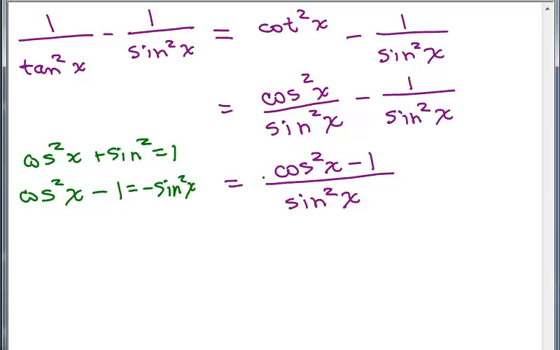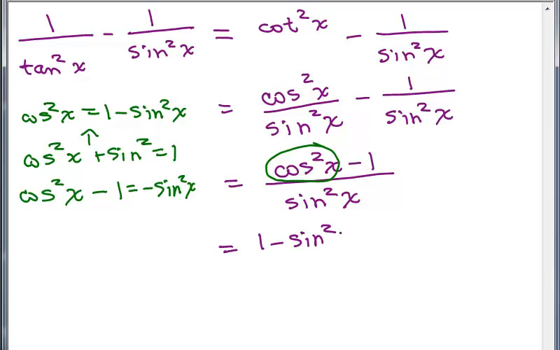Another way of doing it is simply replacing cosine squared x. If I wanted to solve for cosine squared x, I'd have cosine squared x equals 1 minus sine squared x. So that's another way to do it. Let's just do it that way. I'm going to replace this with 1 minus sine squared x.